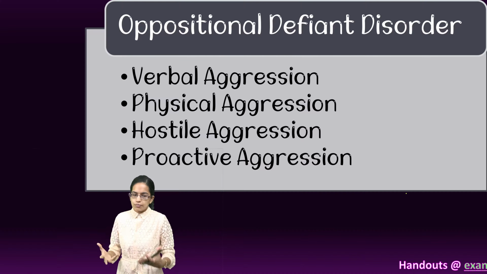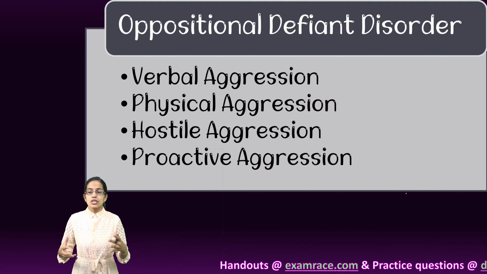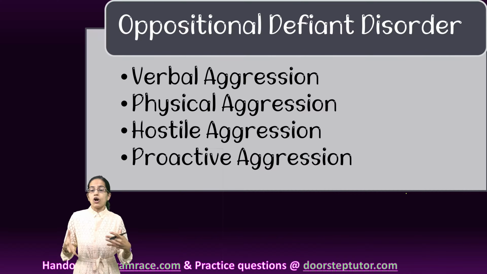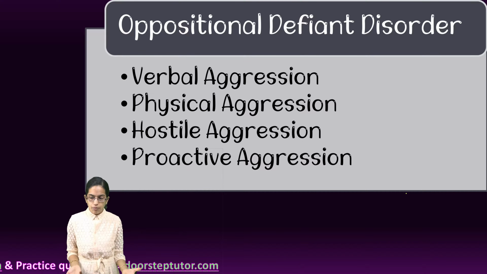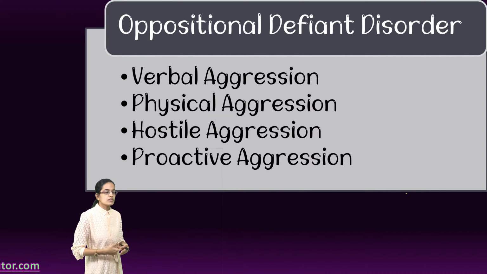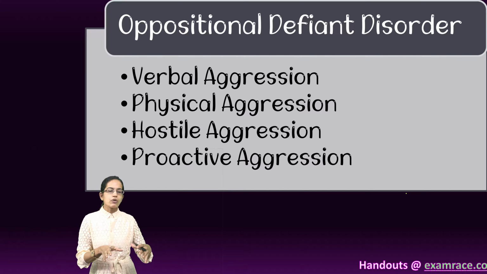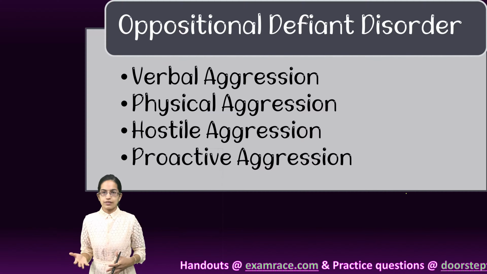There can be verbal aggression where the person uses bad names, physical aggression where hitting and fighting is commonly seen, hostile aggression where injuring someone else becomes a common habit, and proactive aggression, that means trying to bully others without any reason or any marker.